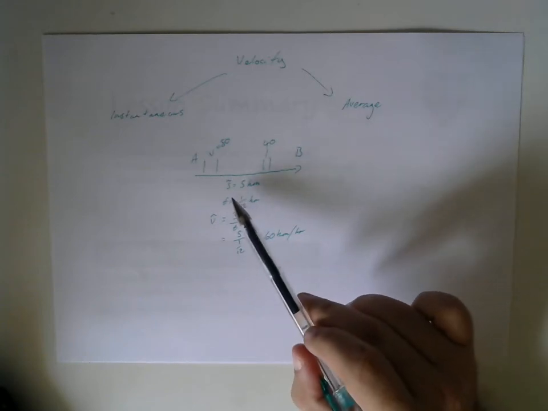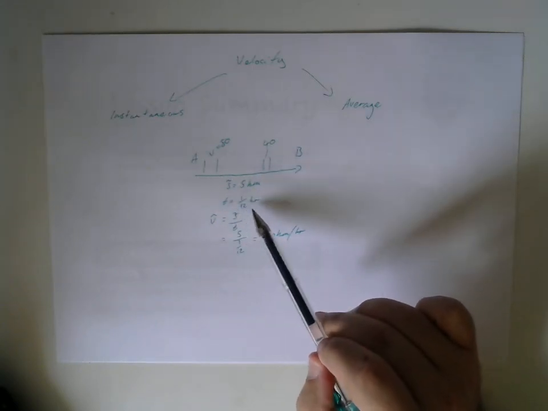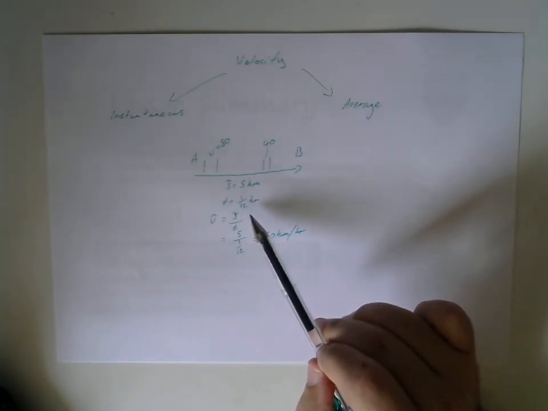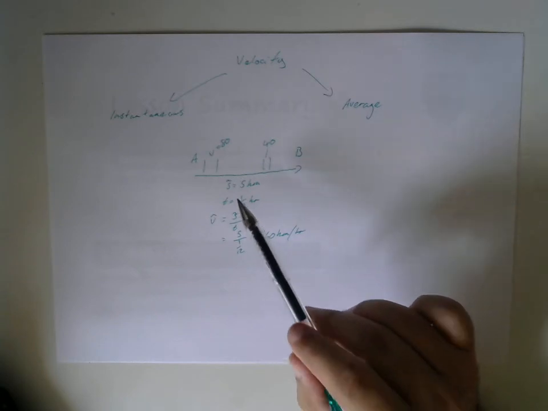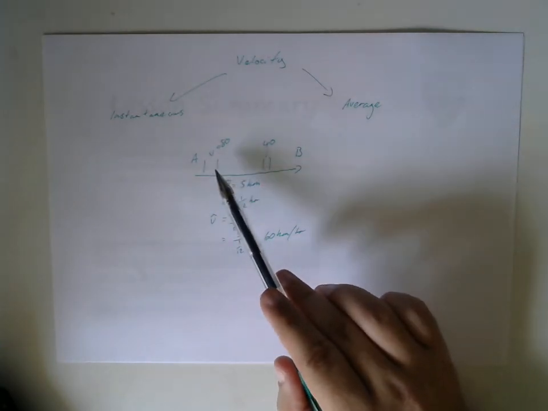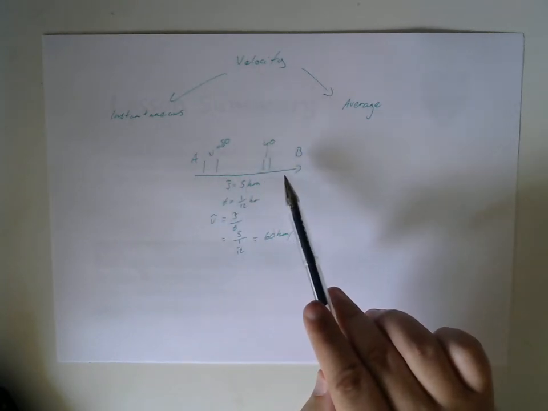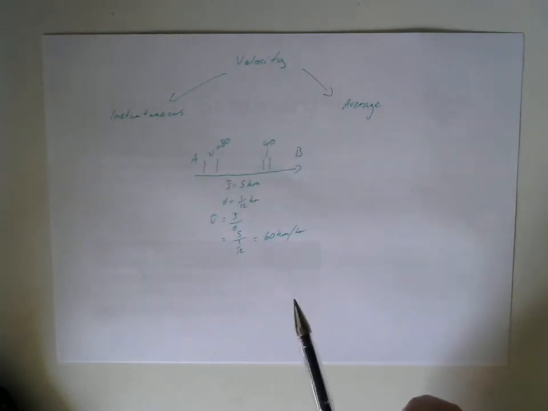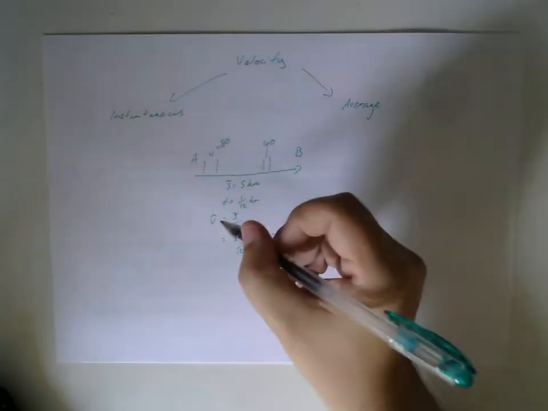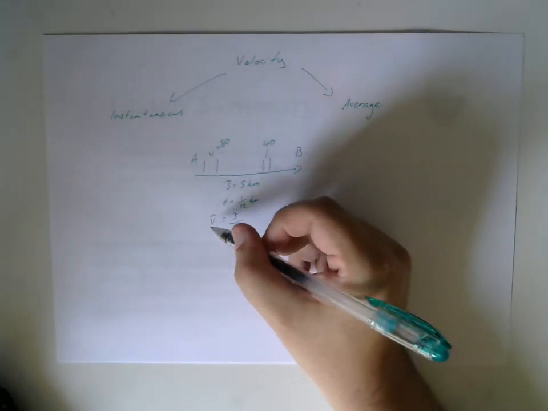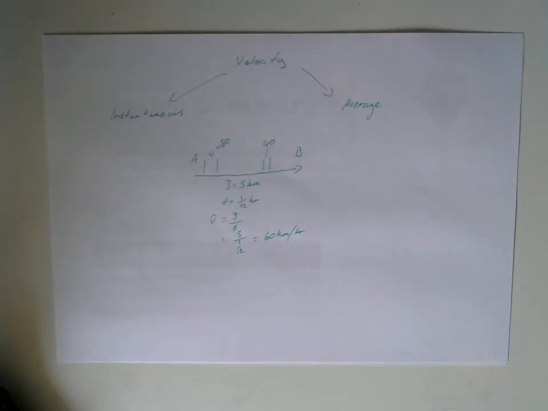All we know is that the displacement is 5, and it took us 1/12 of an hour to do it, 5 minutes to do it. So there could have been bits where I was going faster, there could have been bits where I was going slower, but the average for the whole time is equal to 60 kilometers an hour. So average velocity is this formula here that we've been learning about. Average velocity is just telling us what is going on here.